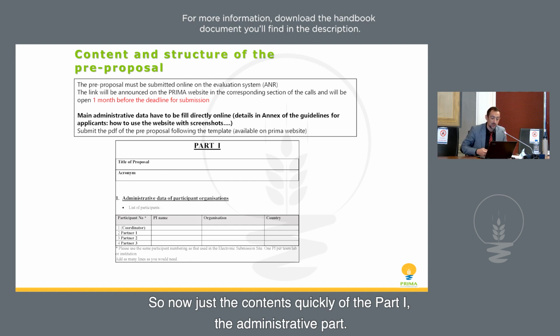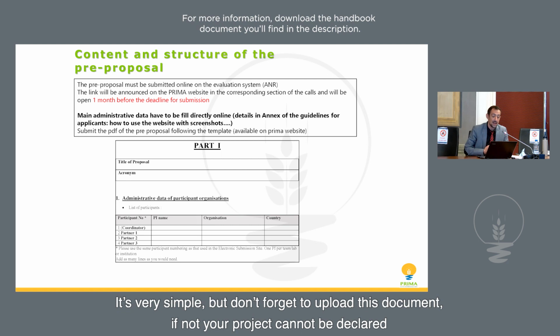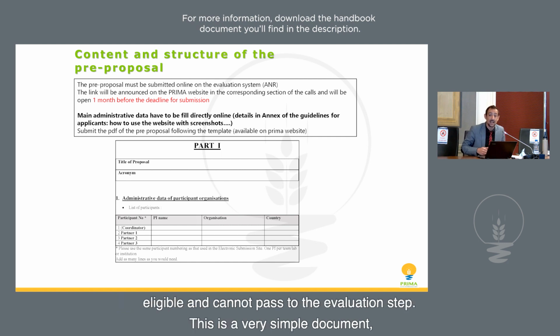So now just the content quickly of part 1, the administrative part. It's very simple, but don't forget to upload this document. If not, your project cannot be declared eligible and cannot pass to the evaluation step.